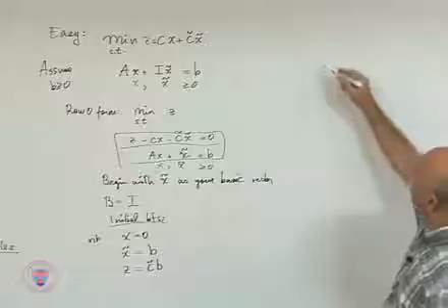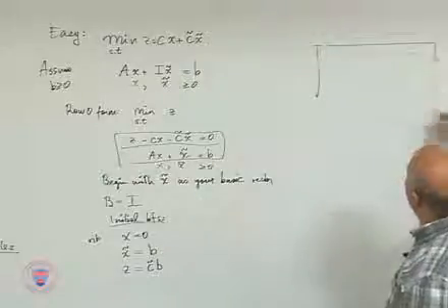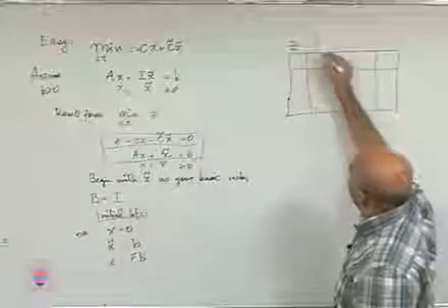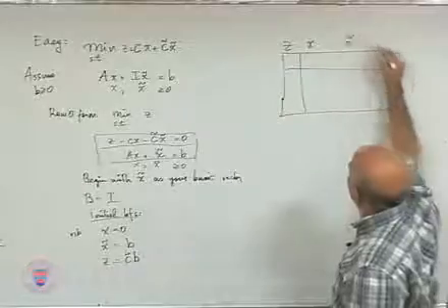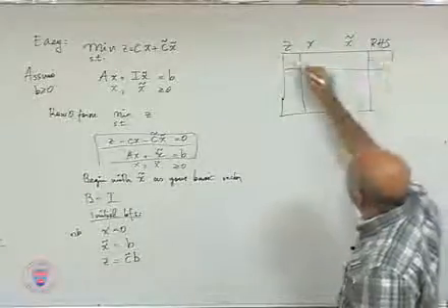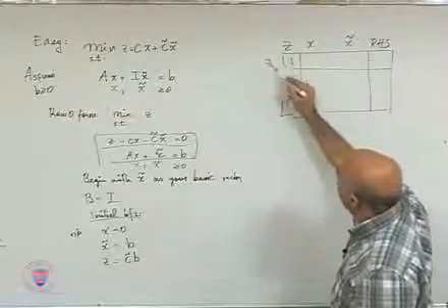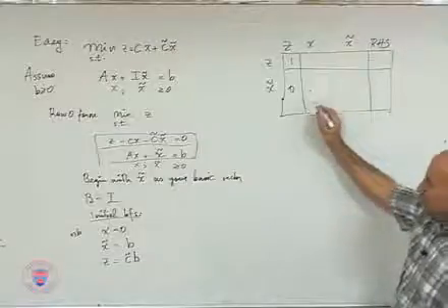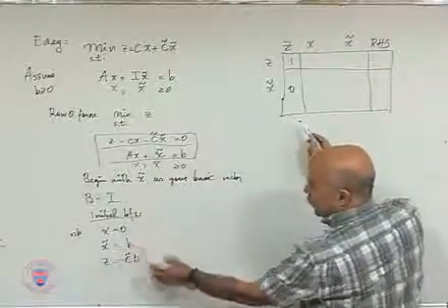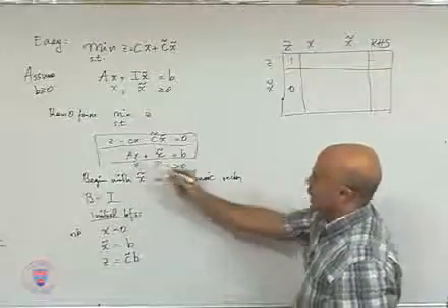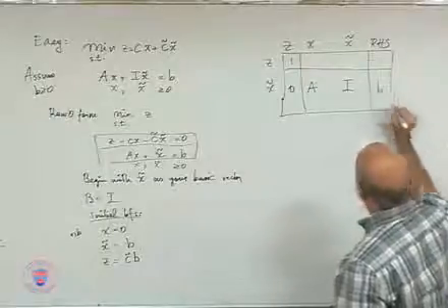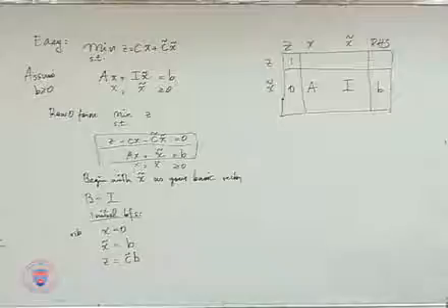What is the initial tableau for this one? Well, the lower part will be B inverse, which is identity, times A, and identity times identity. So you've got this in the lower part. Okay? Everything is pre-multiplied by B inverse. In this case, it's identity.